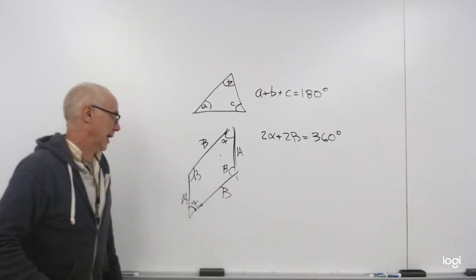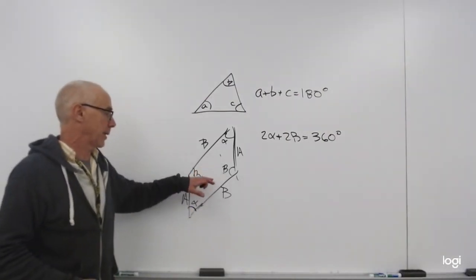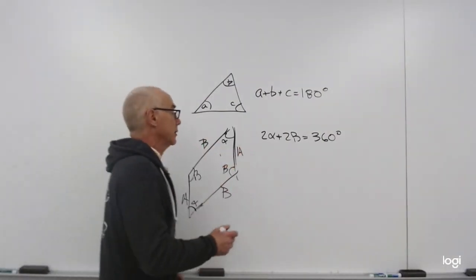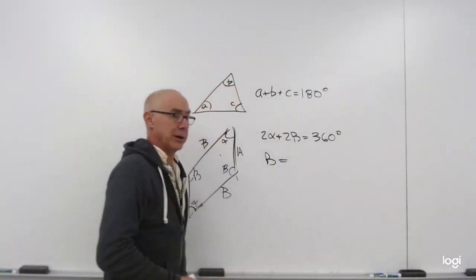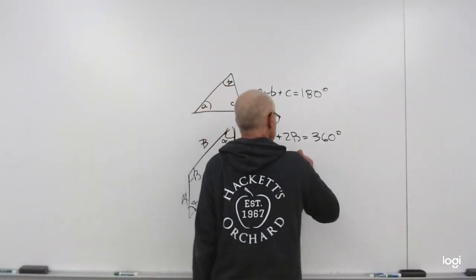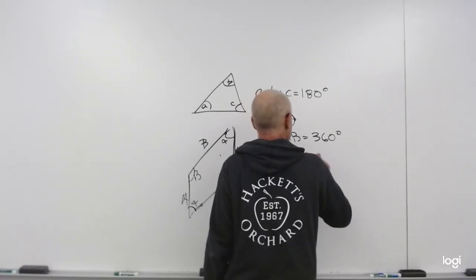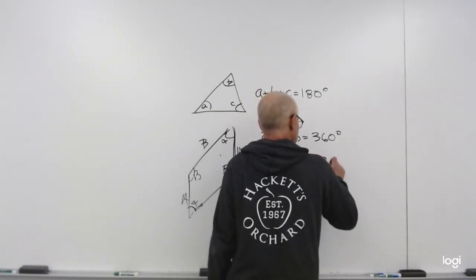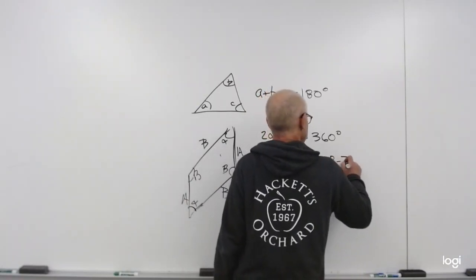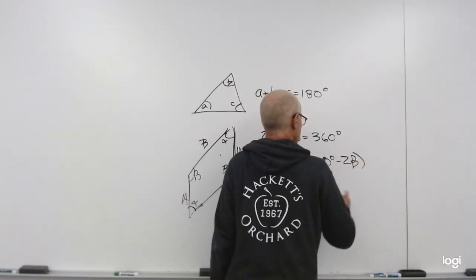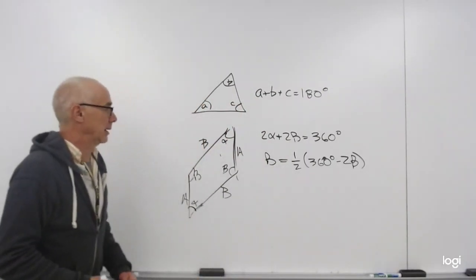So if, for example, you knew alpha but you didn't know beta, you can find beta. And I'll just do some quick math, which is that beta is going to be equal to 1/2 times (360 minus 2 alpha). Okay, so just keep that in mind.